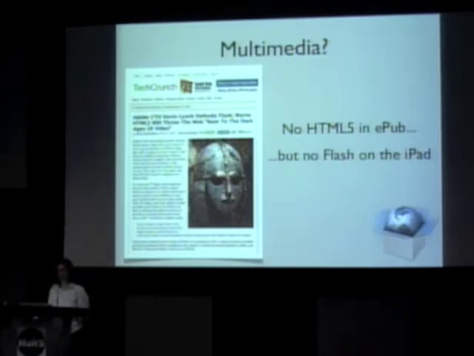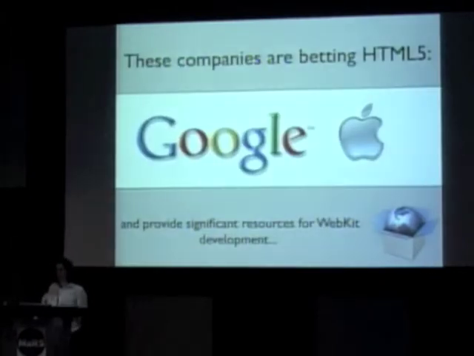But now we have the iPad, and that doesn't have Flash. It's not going to. This is a war that they're going to fight out at the corporate level. But instead, what it has is HTML5. And the players I would put smart money on winning this battle for multimedia on mobile devices would be Google and Apple.